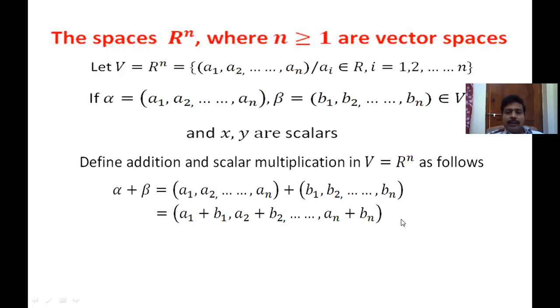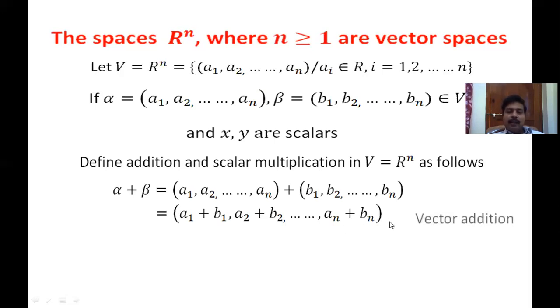Component wise addition. You can simply see it in a matrix addition. This is A1, A2 and so on An, a column matrix. The next one is B1, B2 and so on Bn, another column matrix. If you add those two matrices, you will get A1 plus B1 in the first row, A2 plus B2 in the second row, and finally An plus Bn in the final row. So this is component wise addition. We are defining alpha plus beta as this one.